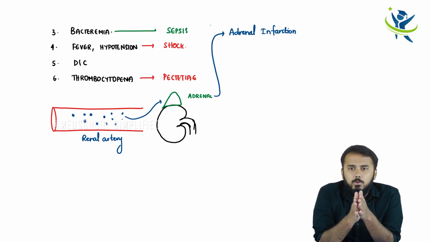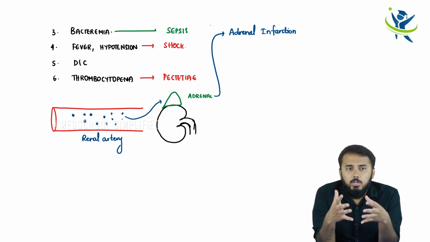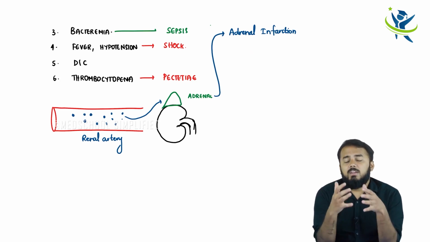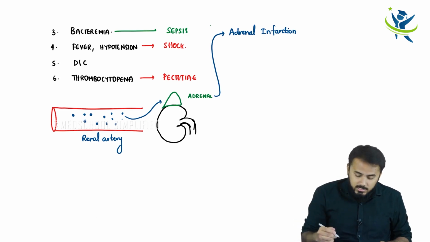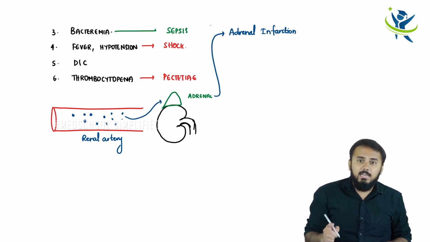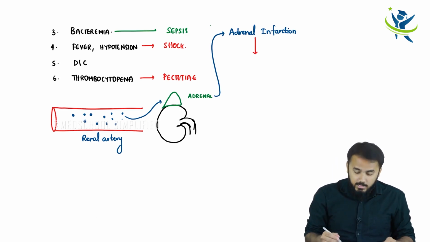So these are some of the important hormones that are released by the adrenal gland. Right now when adrenal gland infarction and hemorrhage have happened, do you think the adrenal gland will release all this? No. If the adrenal gland is not releasing all this, you call this condition adrenal insufficiency. Sudden acute adrenal insufficiency. Suddenly all the adrenal hormones are decreased.